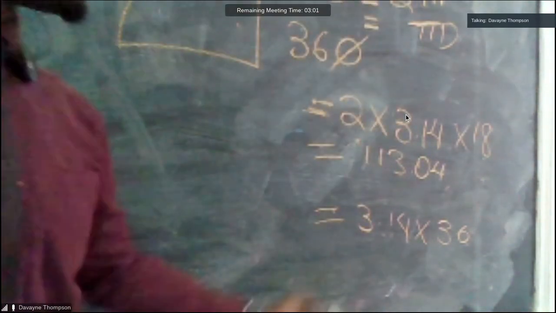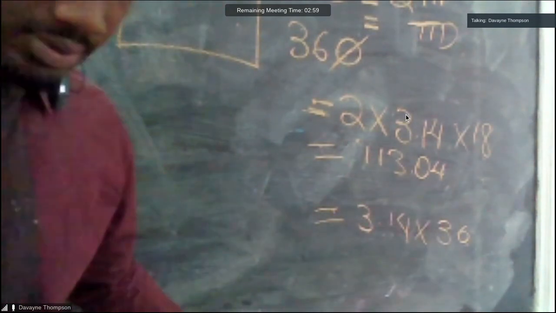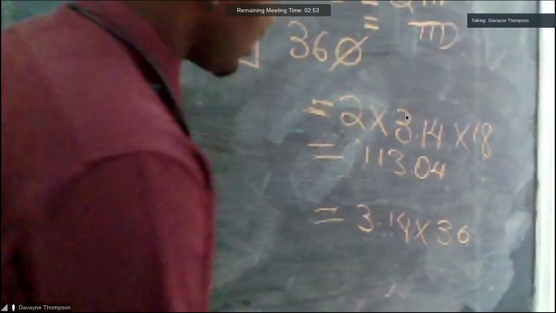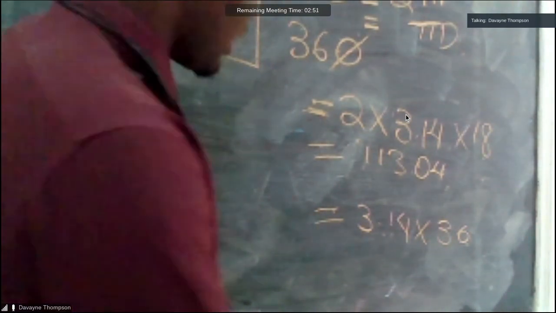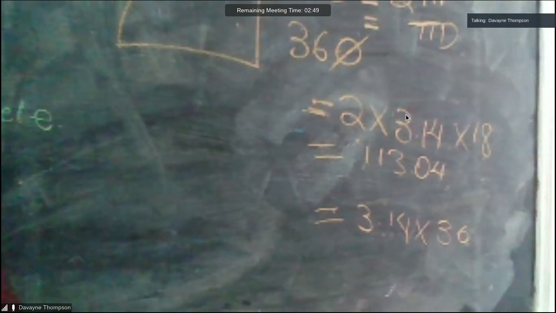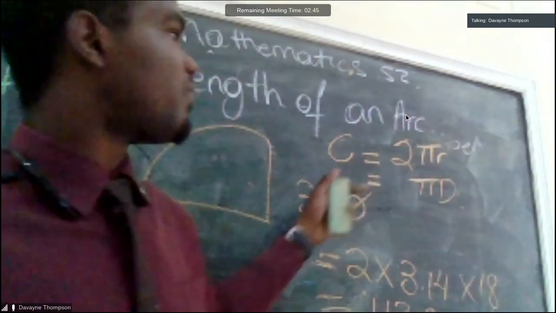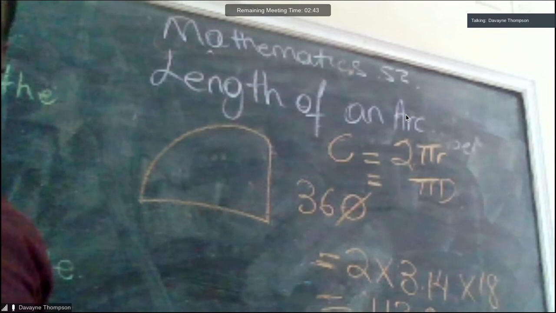We're testing the two formulas now. We should get the same answer. Do you agree? Yes, the same answer, 113.04. That means, yes, Isabella, you can use either of these formulas to find the circumference of a circle. Clear?